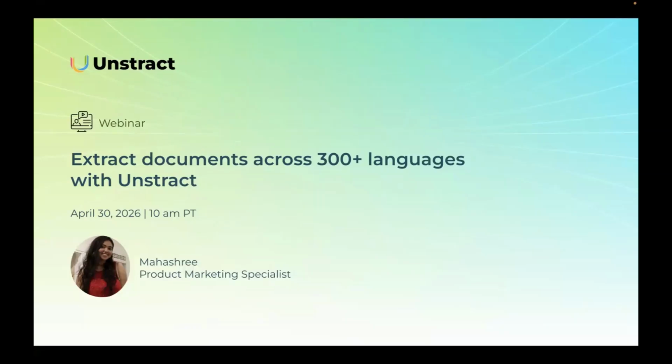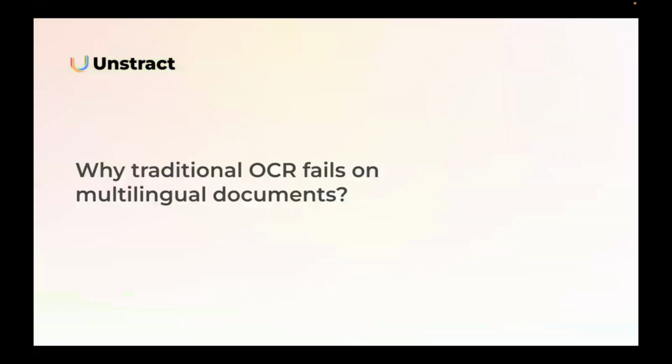By the end of this webinar, you'll walk away with a clear blueprint for enabling multilingual document processing systems from start to finish. There are multiple segments in this webinar where we'll be exploring this problem in different aspects. We'll be starting out by taking a look at why the existing systems or traditional OCR fails on multilingual documents.